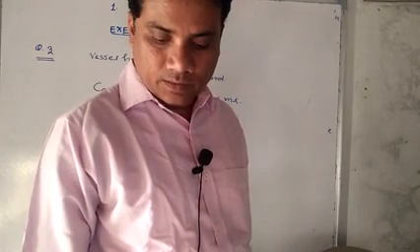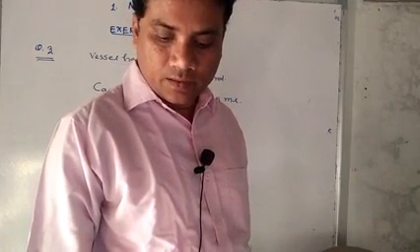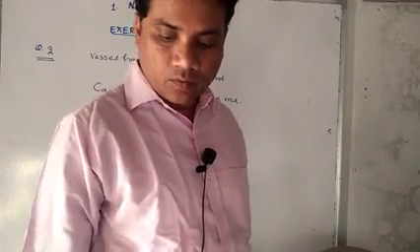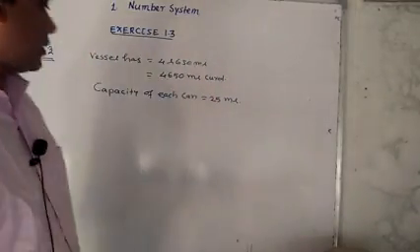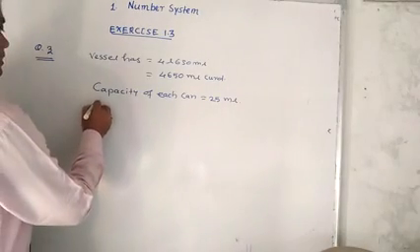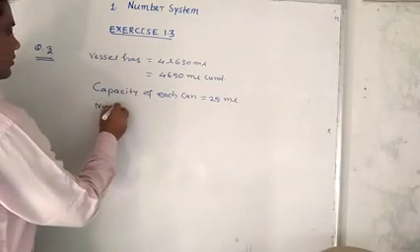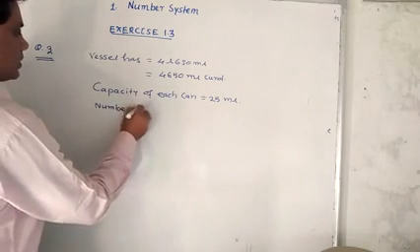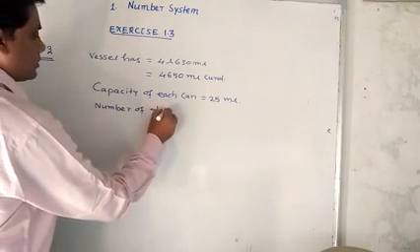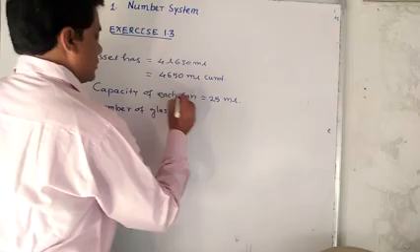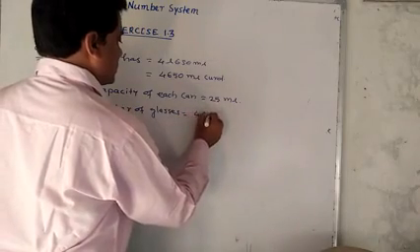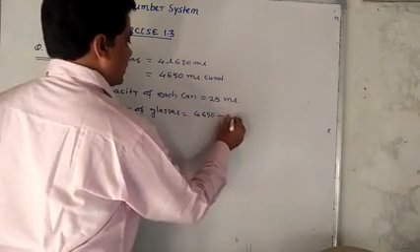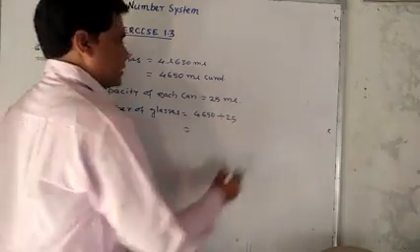Therefore, number of glasses is equal to 4,650 divided by 25.